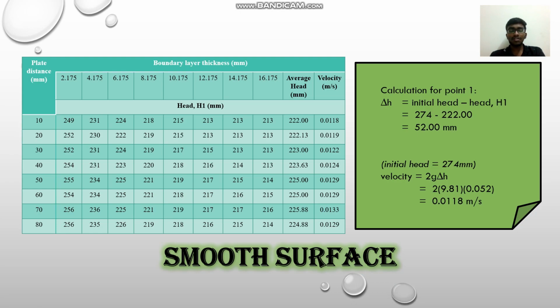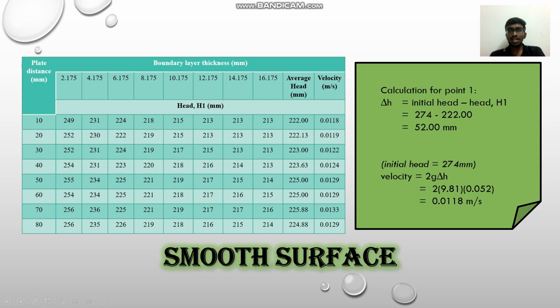First of all, we need to plot data for plate distance, boundary layer thickness and height. All these values are in mm, and then we will find the average height, from this value 249 added till 213, which is 8 values, and then we find the average by dividing by 8.